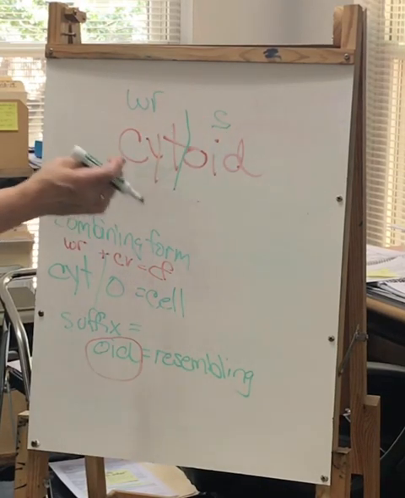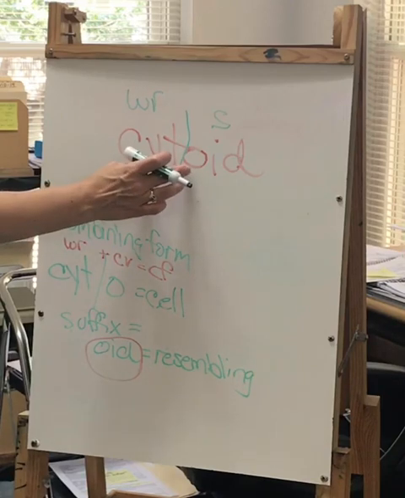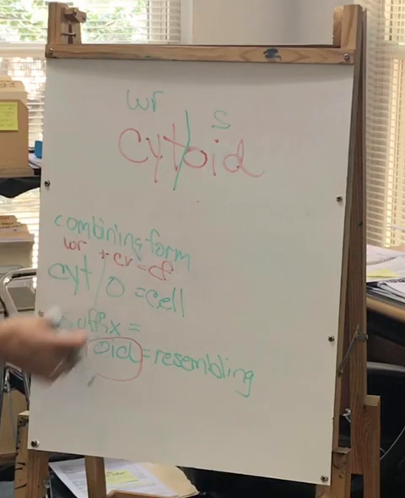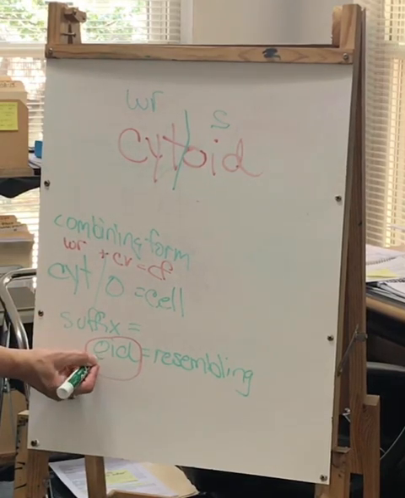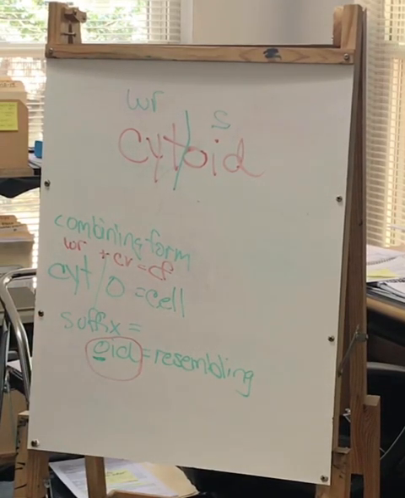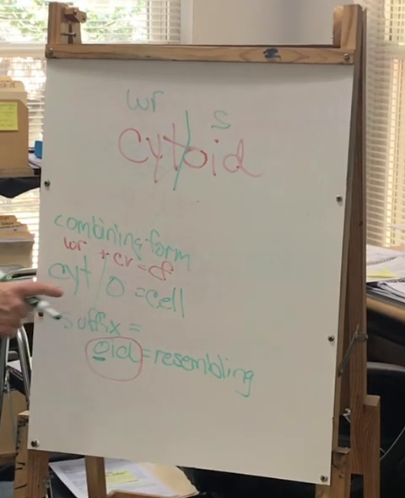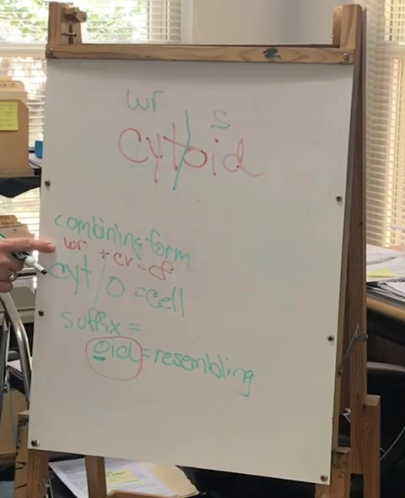Now, the other reason you can't think of that as a combining vowel, this is the suffix oid. Oid begins with an o. That's a vowel, so we're not going to use this o. So therefore, you only end up, again, with the word root and the suffix.